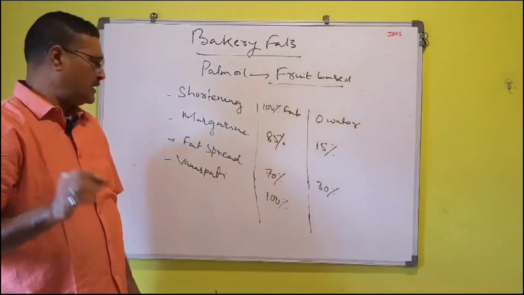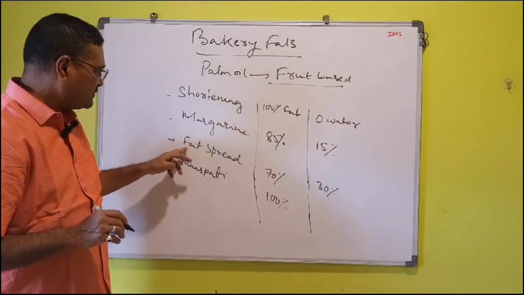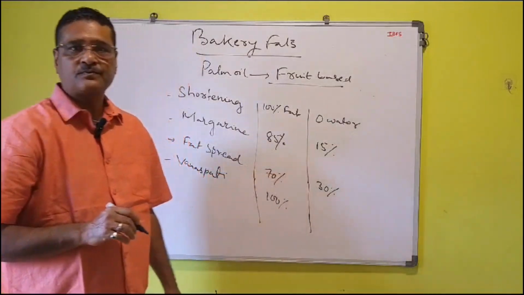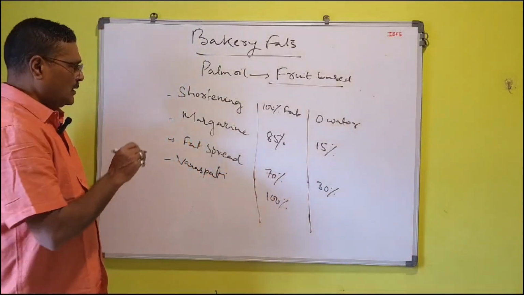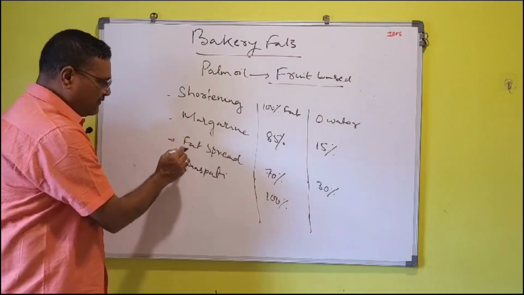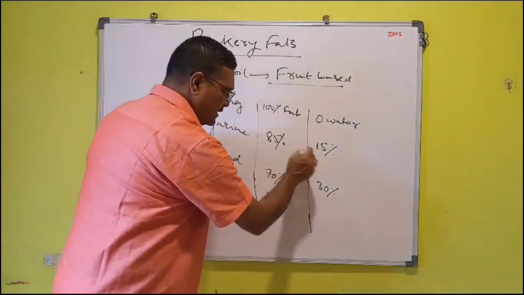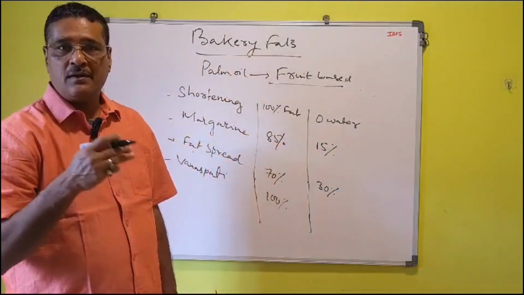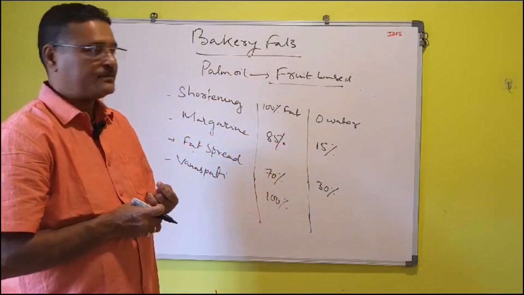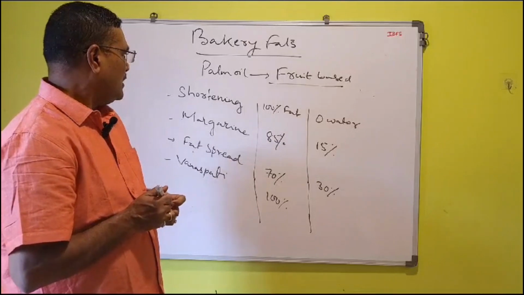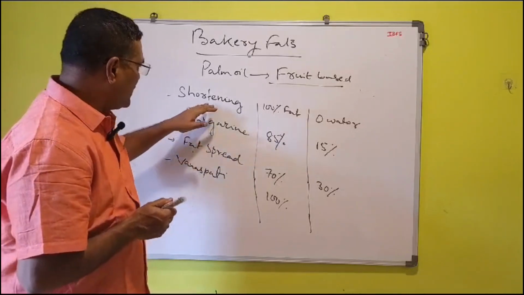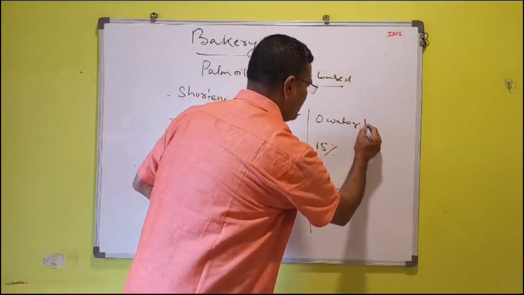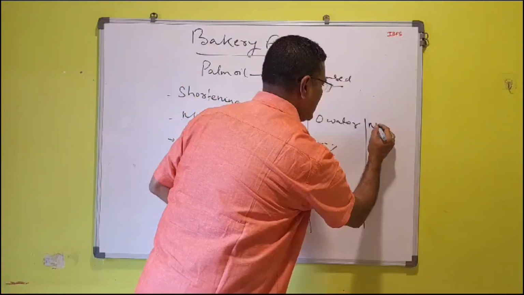This gives you an idea that these two products, margarine and fat spread, contain moisture. Because they contain moisture, margarine and fat spread may or may not contain dairy products like milk solids. The word shortening is used because in this format no grains are there.